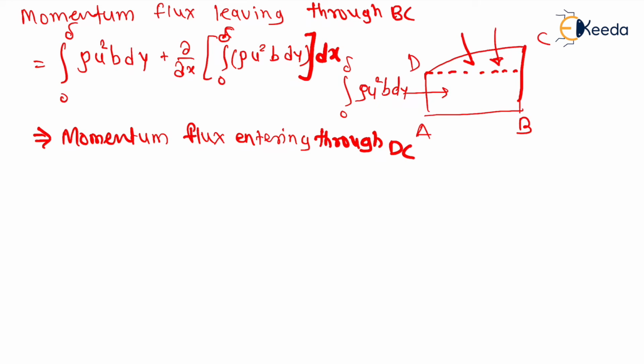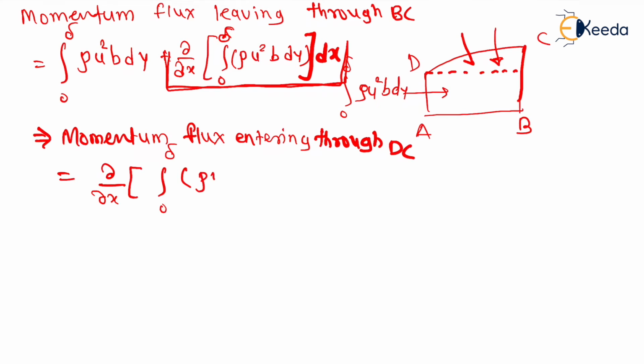This one is nothing but the difference between this second term minus first term. So that is equal to this square bracketed term, this one. So that is equal to ∂/∂x of integral 0 to del rho u square b dy.